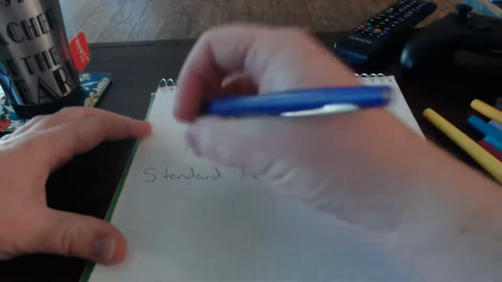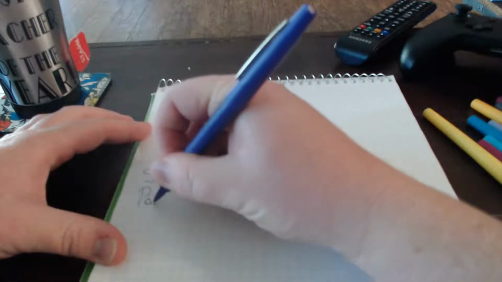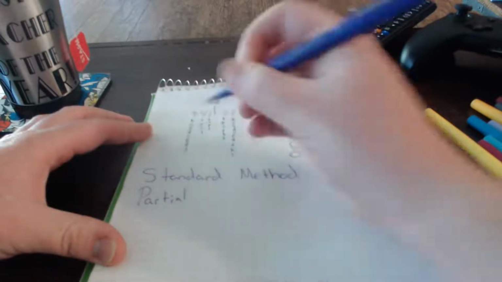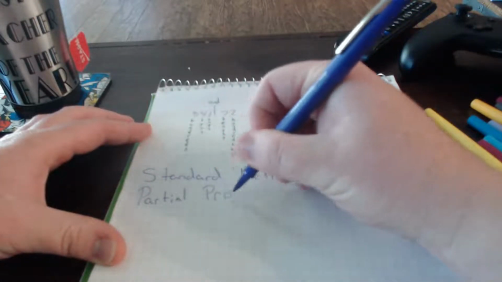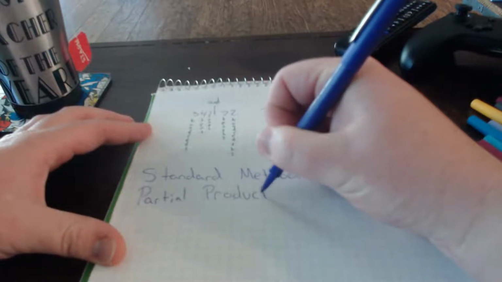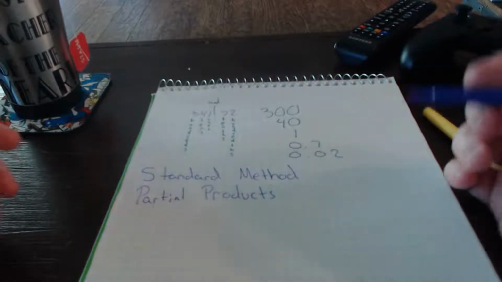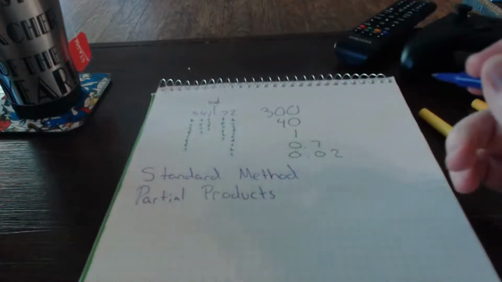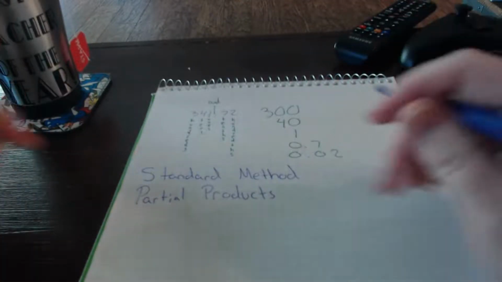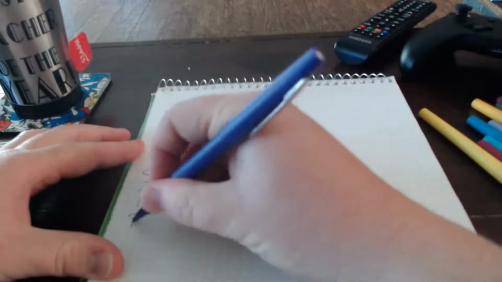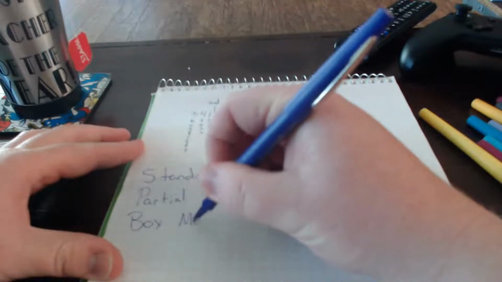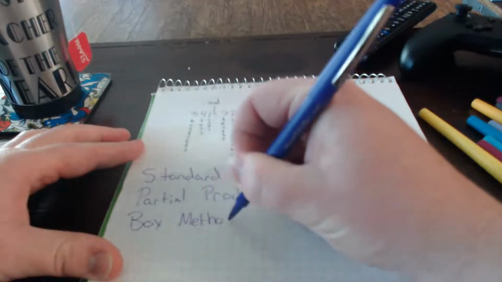The next one I'm going to show you today is partial products. Partial products is just a way to break the numbers down to make them a little bit easier and still be able to multiply. Nothing scary, nothing crazy. It's just another strategy. And then my favorite alternative method to the standard method would be the box method.